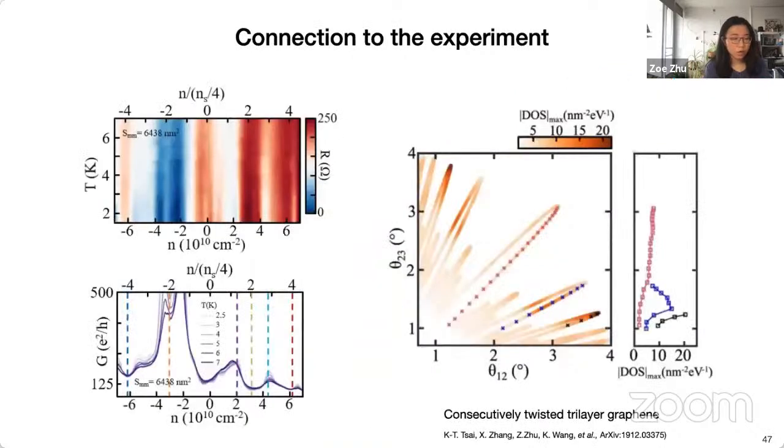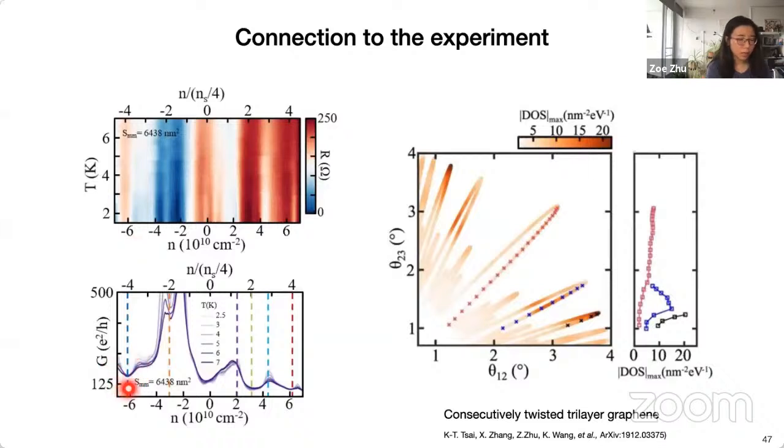What's probably more interesting is a system with correlated states. Here is a picture from Professor Kong's group on twisted trilayer graphene. The experimental consequence of a lack of band gap is that at full filling, we do not have an insulating gap.